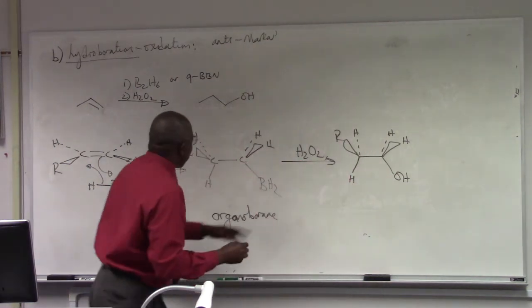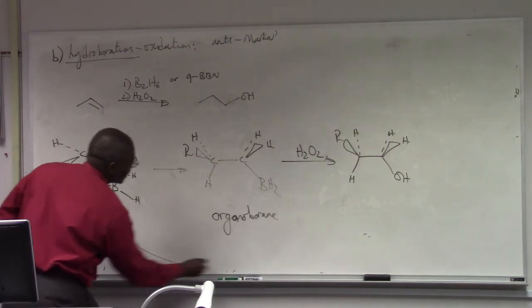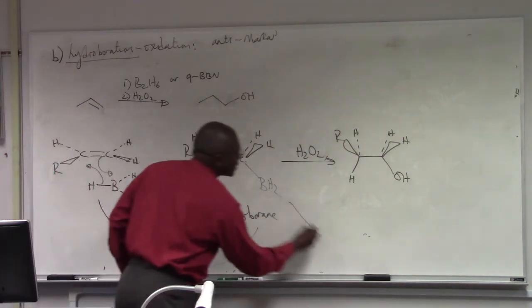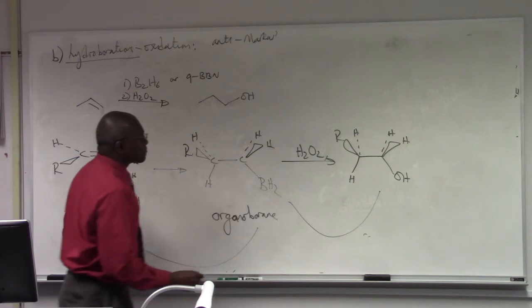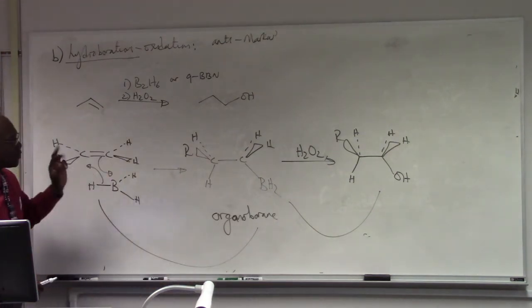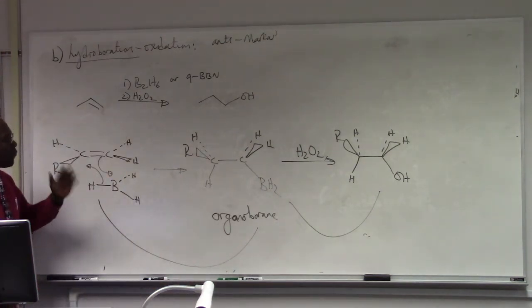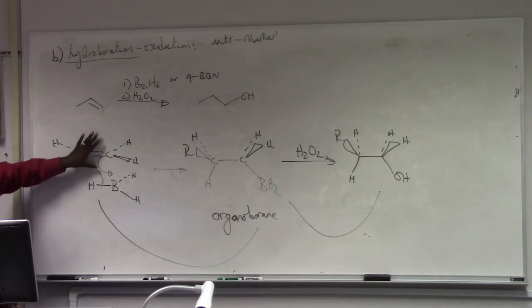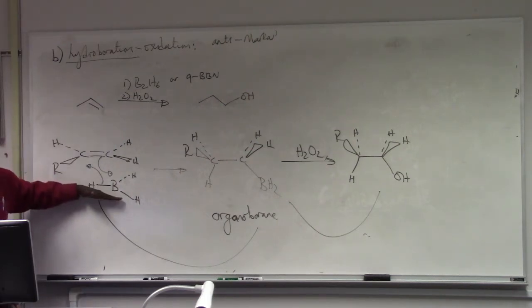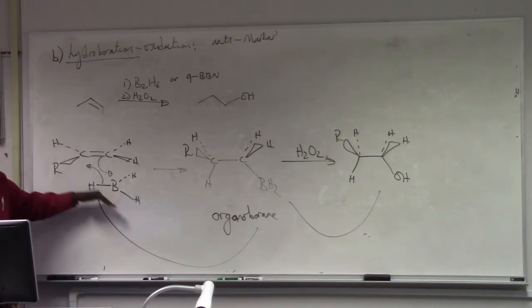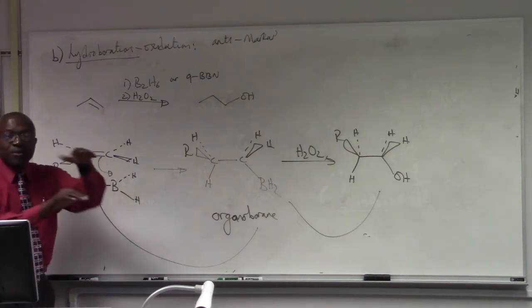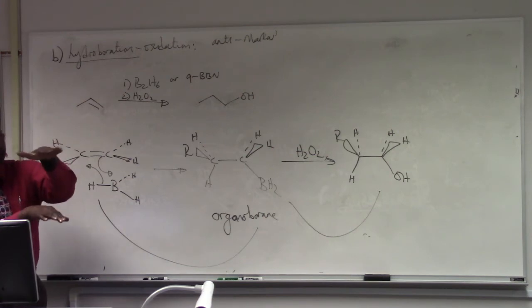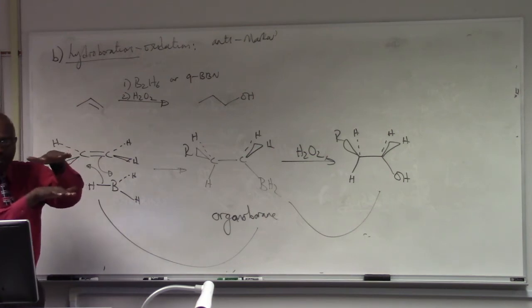All right, so this sequence is the hydroboration. This part is the oxidation. I'm going to make 2 points. Point 1. The mating between the alkene and the borane makes perfect sense. Nucleophiles, electrophiles. There's a stereochemistry involved because you want a flat alkene to react with a flat borane.